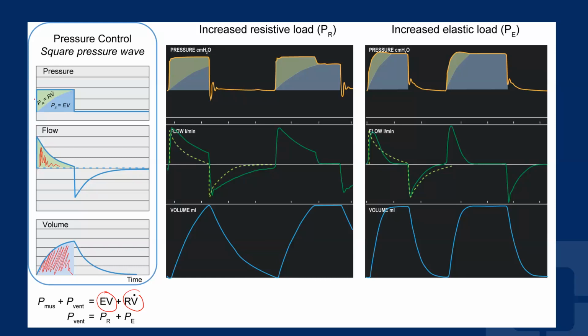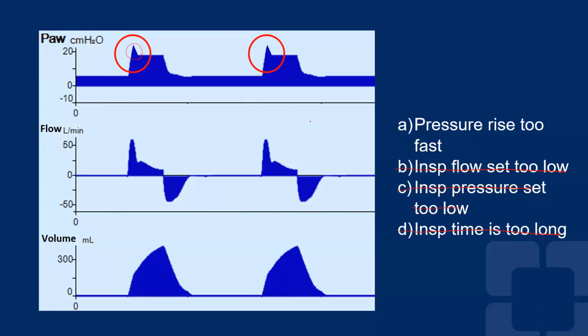This is a square waveform, so you can see that we're controlling the flow. Sorry, I pressed the wrong button. We're controlling the flow, so it's a square waveform. And there's actually an inspiratory pause at the end of the breath. So there's no flow.